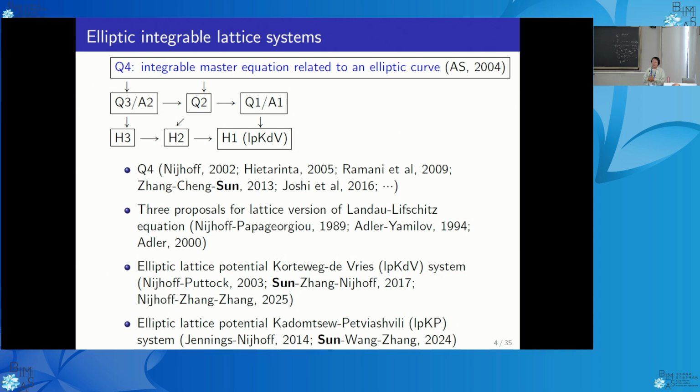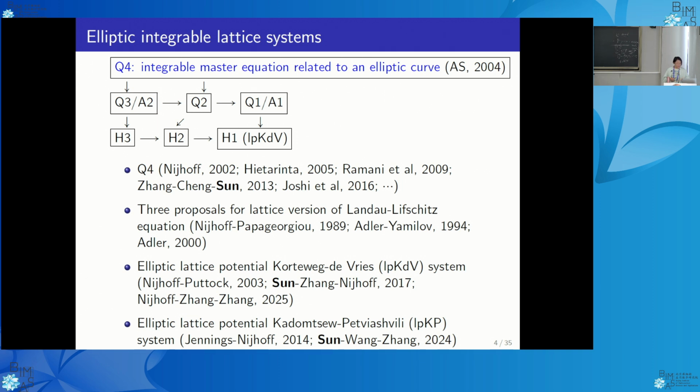Based on these results, we consider rederiving these systems and constructing more types of exact solutions of these systems. Recently, Nijhoff, Dajun Zhang, and Cheng Zhang also revisited this system and considered the explicit structure of the tau function.